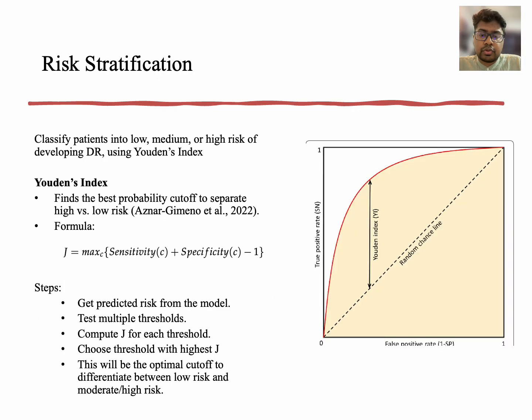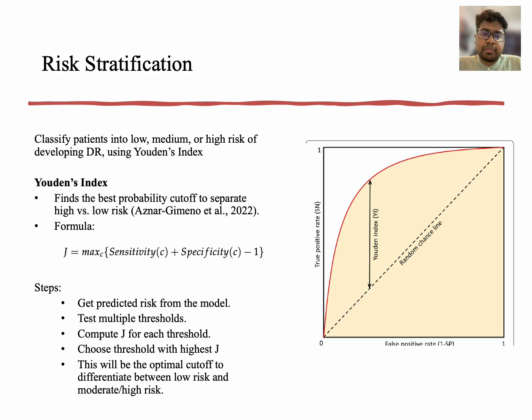So the threshold, how do we tell what is the point that we say, oh, this is low risk or this is high risk? I'm using something called the Youden index. What it does, if you see the chart here, is find the point where there is the best probability cutoff to separate the high versus the low risk.